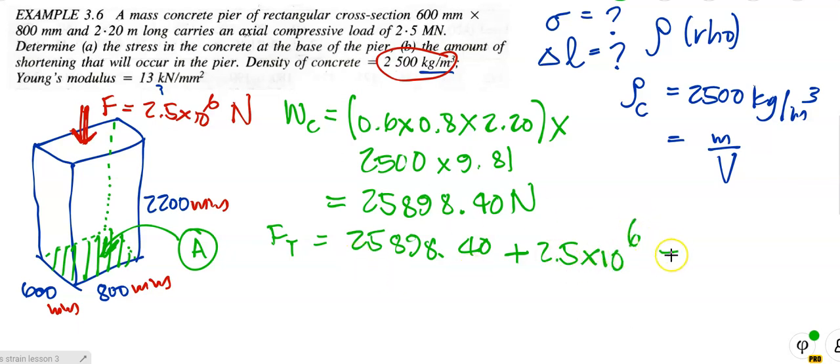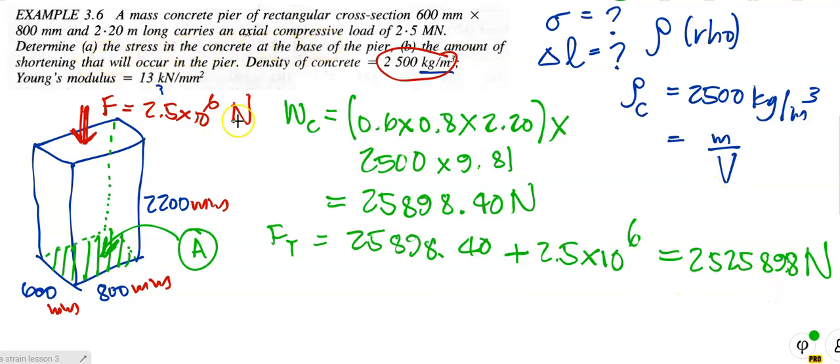I'm going to add it together: 25,898 plus 2.5 exponent 6 is equal to 2,525,898. Right, people, so my total load, due to the load acting given there and the weight of the concrete acting on the base, is 2,525,898 newtons.